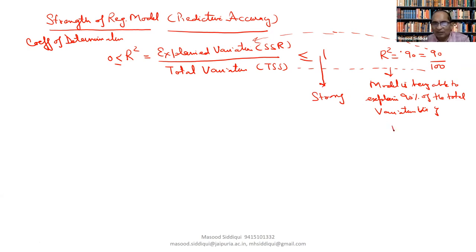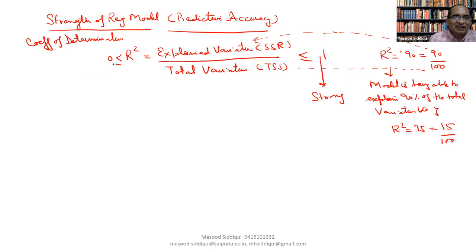Suppose we take one more case. Suppose R square is 0.15. 0.15 means 15 upon 100. If the total variation is 100, then the explained variation part is just 15, or 15%. It means our model is able to explain only 15% of the total variation. Most of the variation is being explained by the residual or the error term, which is extraneous to the model.